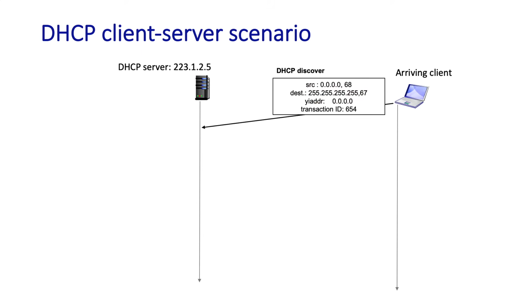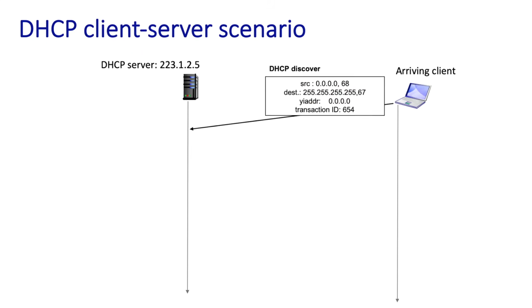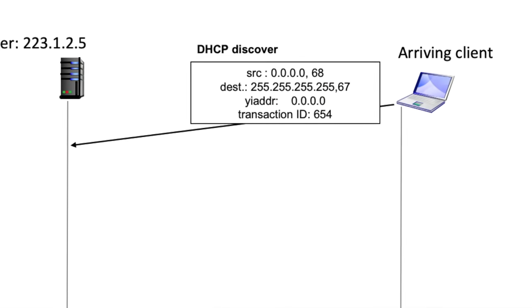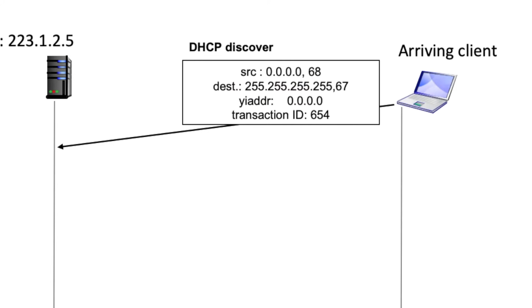In particular, the server will be listening on a socket associated with UDP port 67 for incoming DHCP messages. And here are the details of the fields in the DHCP discover message. The client's source IP address containing the UDP segment that contains the DHCP discover message is 0 because the client doesn't have an IP address yet. And the destination IP address is the IP broadcast address, that is all ones, 255.255.255.255.